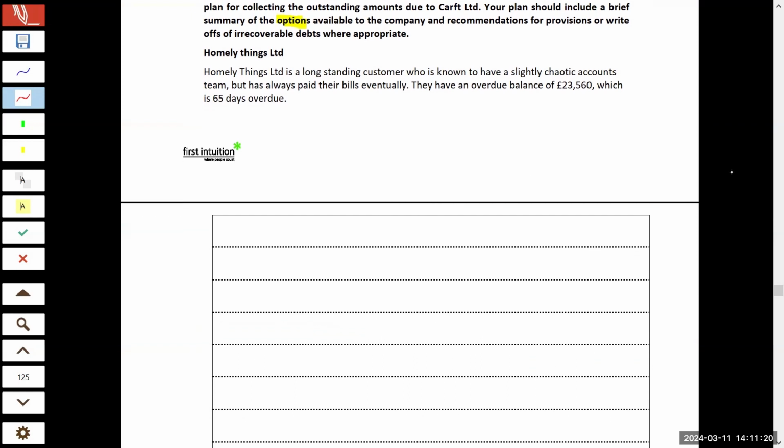So for this one, we could say along the lines of, as per debt, overdue by more than 60 days. Then, of course, we're saying that we can start legal proceedings.